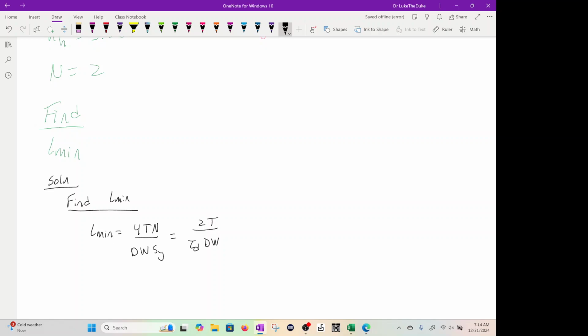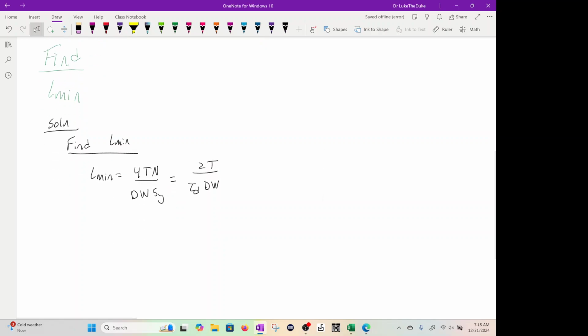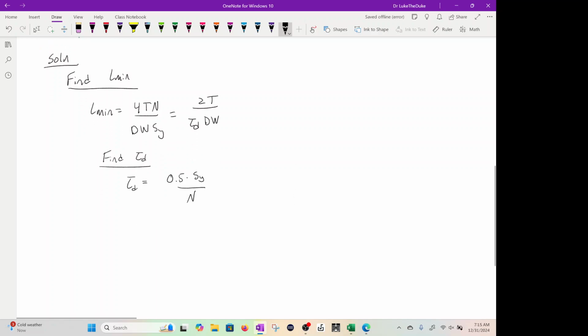All right, because we're designing based on the failure. Okay, if you remember, find tau d, that was equal to 0.5 times SY over the design factor. Okay, so that's why those two equations work.